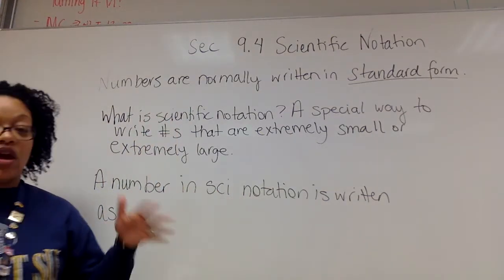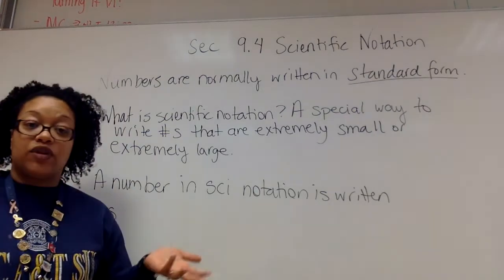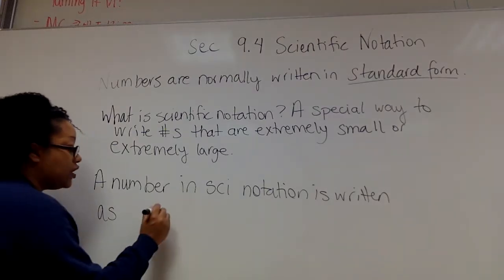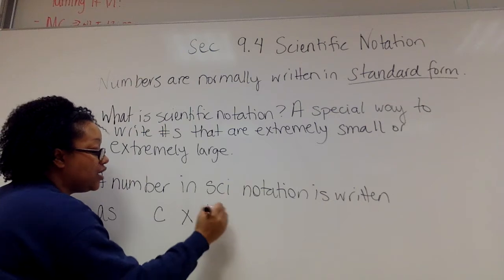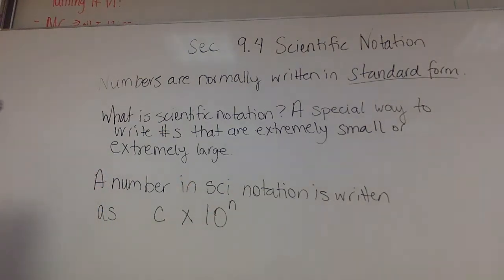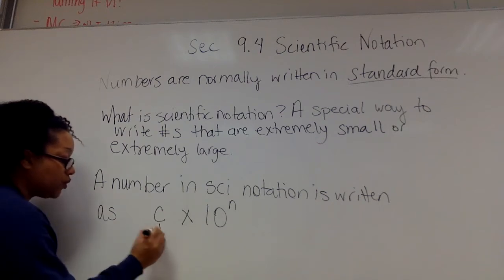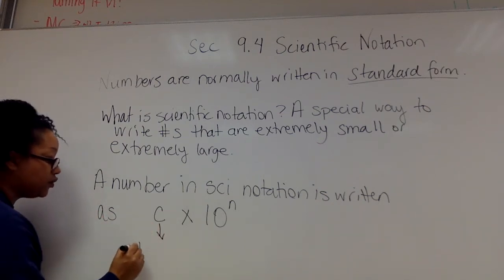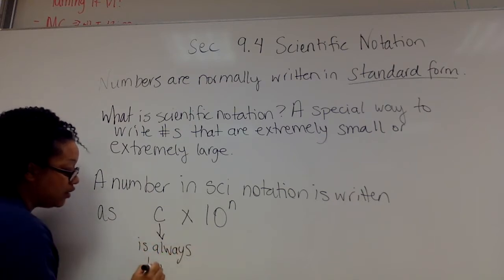Okay? So, scientific notation, the way that it's written, and you're probably familiar with this if you've learned this before, it's always written as your number, and that's going to be the letter C, times 10 raised to some power. So the C, you just want to write this down, you fill in your blank, this number is always between 1 and 10.